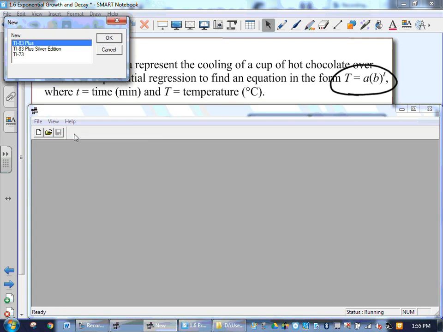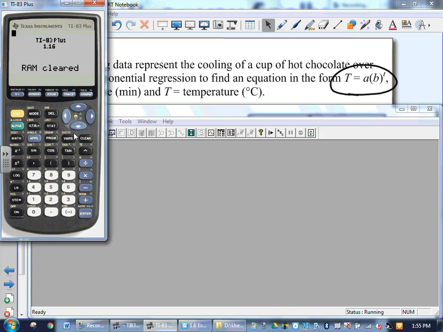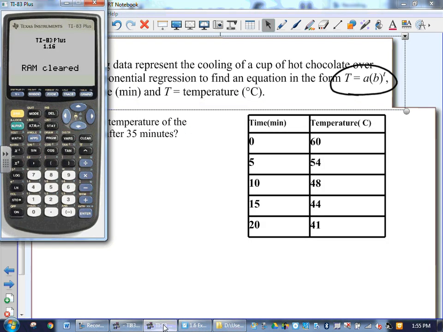So to enter a table, I press Stat, Edit. Now, in my first list, I'm going to put the first column, so 0, 5, 10, 15, 20. And in my second list, my second column, so 60, 54, 48, 44, and 41.